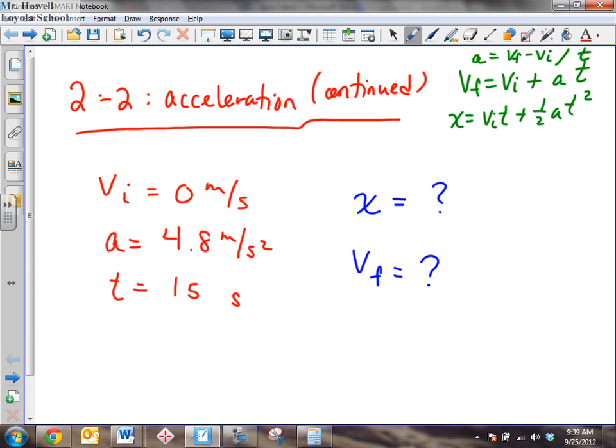Good. There's one more still. Again, the first one was the same, but we can use either one of those. What's the last equation? Reese. VF squared equals VI squared plus 2AX.